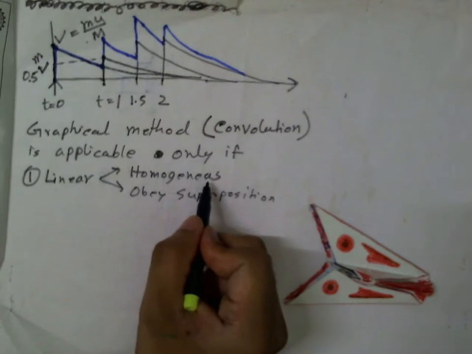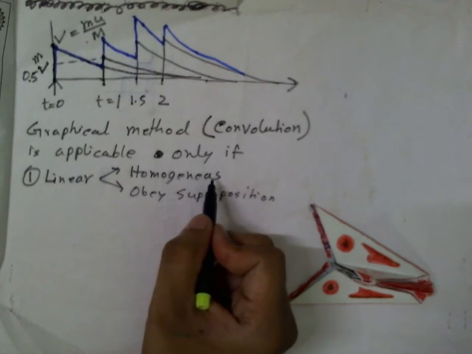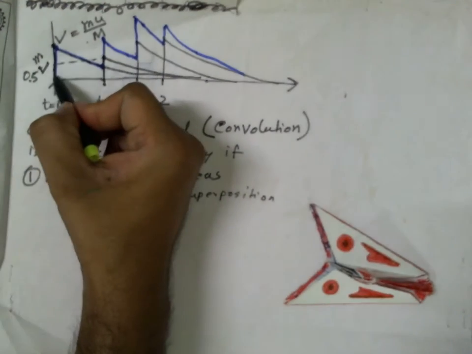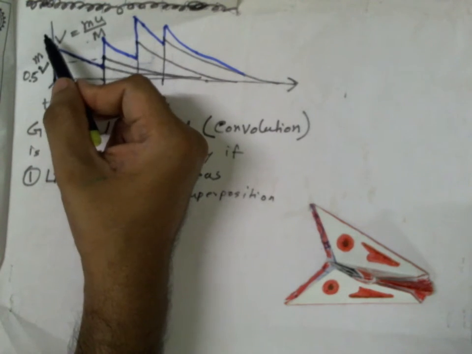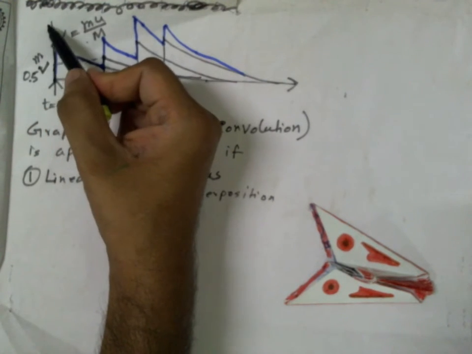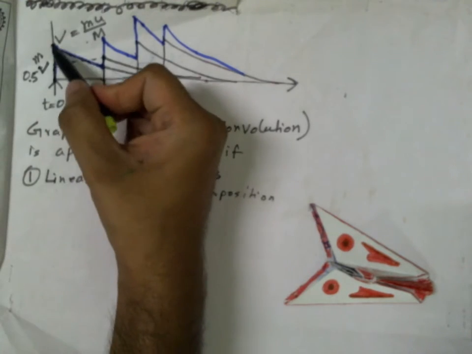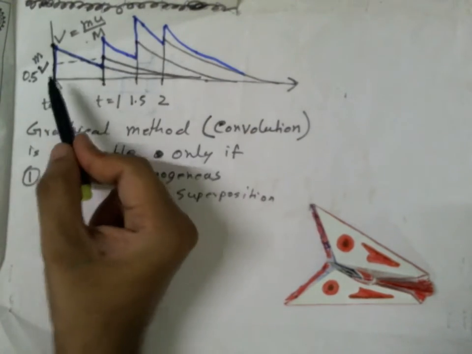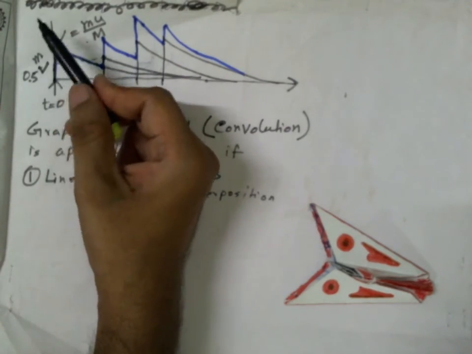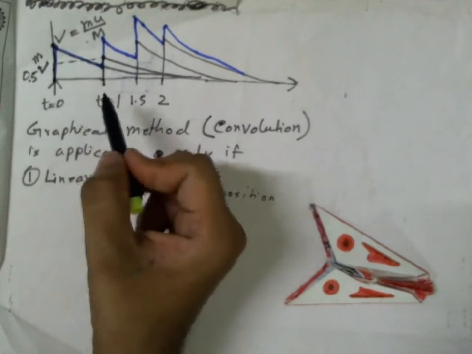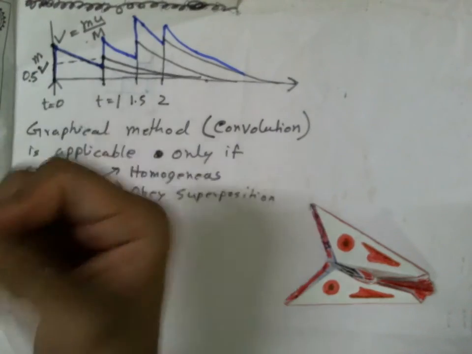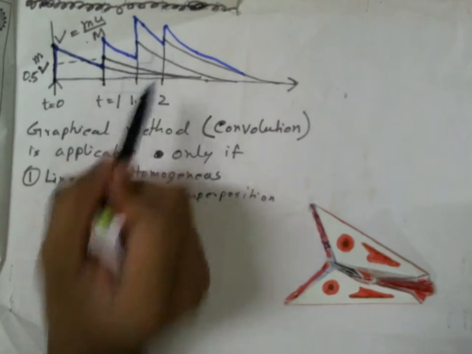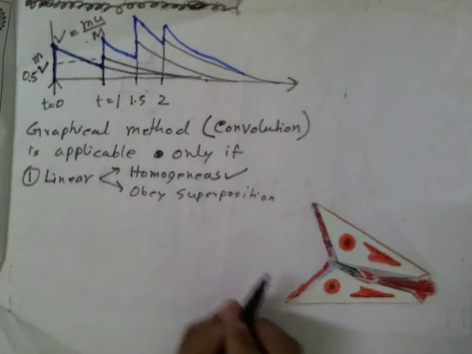By homogeneity, we mean that if double amount of gas is burnt, then the velocity value at any instance is doubled. If 10 times gas or fuel is burned, the velocity curve becomes 10 times at each instance of time. So that is homogeneity.